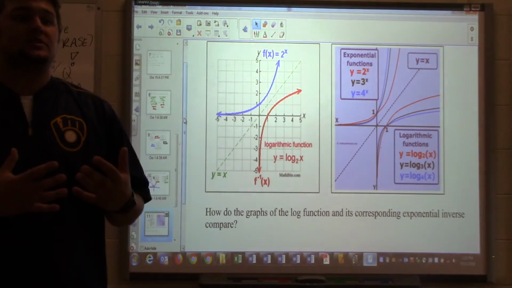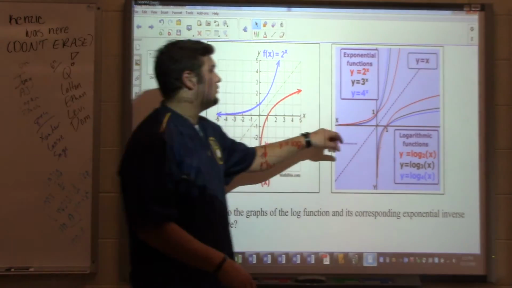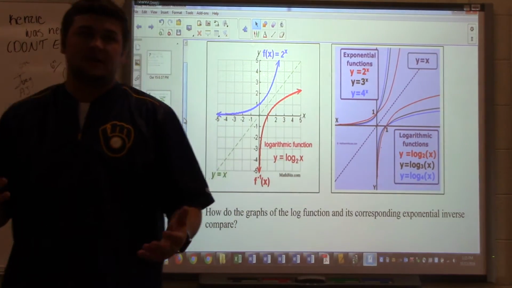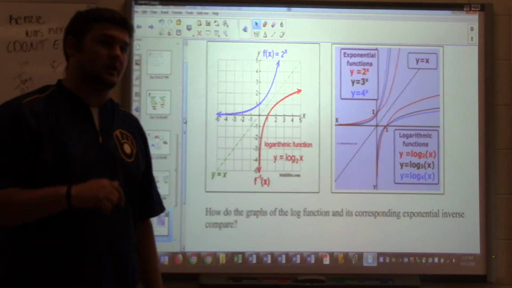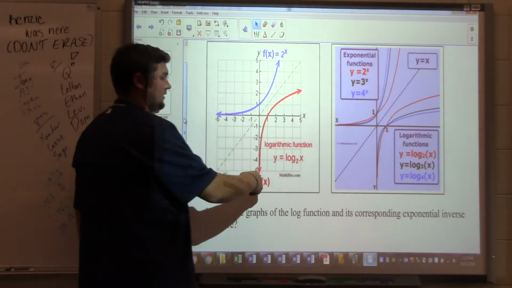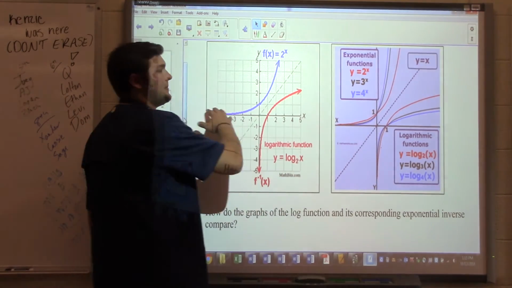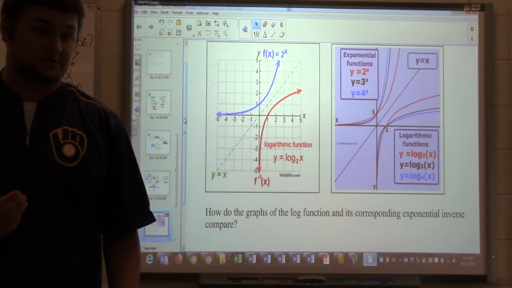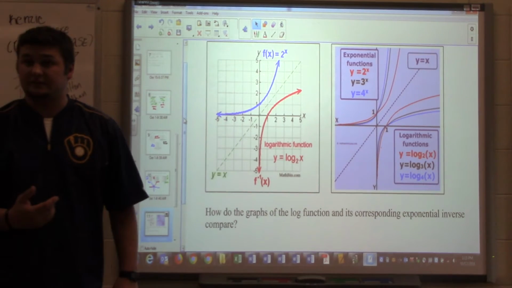You need to be able to tell which is an exponential function and which is a log function. You should know a log function is the opposite, or the inverse, of exponential, because we all know what an exponential function looks like now. We just learned it today. Right?